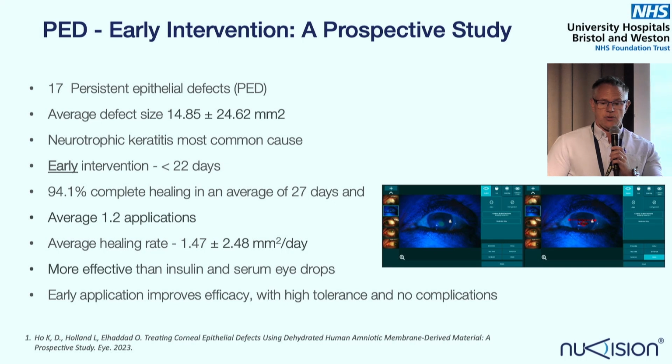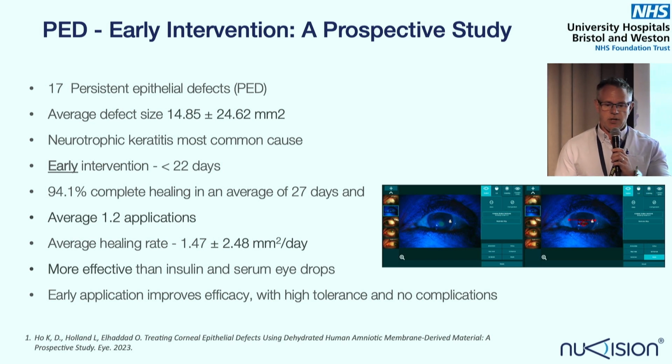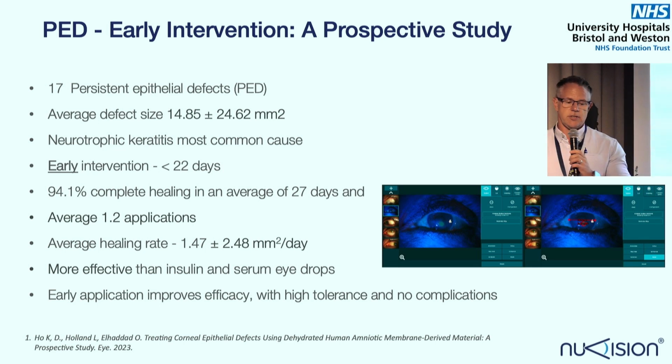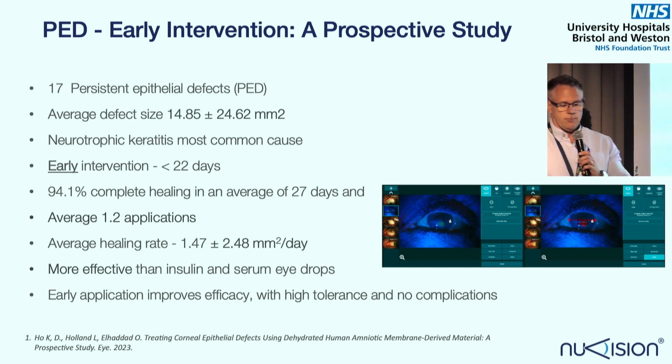In a parallel study using exactly the same protocol, but intervening much earlier in the care pathway, Bristol Eye Hospital treated 17 patients with very complex PEDs, again, they're a tertiary referral centre. Their average defect size, because they used some software that we were able to get hold of for them, was 15 millimetres squared.